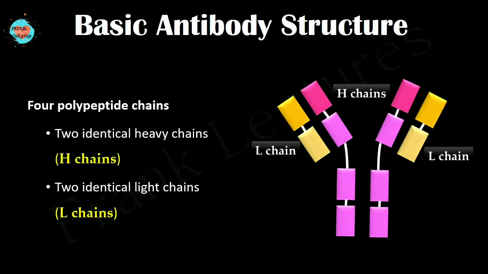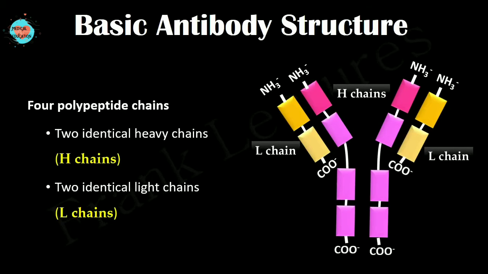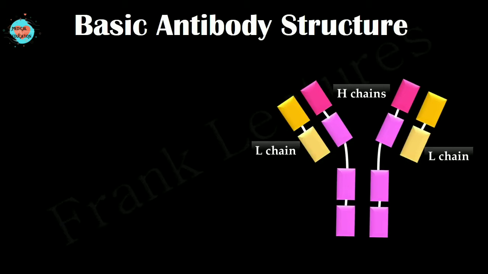Now, since these are polypeptides, the N-terminal of this polypeptide chain is present at the tip and C-terminal is present at the base of each polypeptide chain. As you can see in this image, these chains are assembled into a Y-shaped structure.